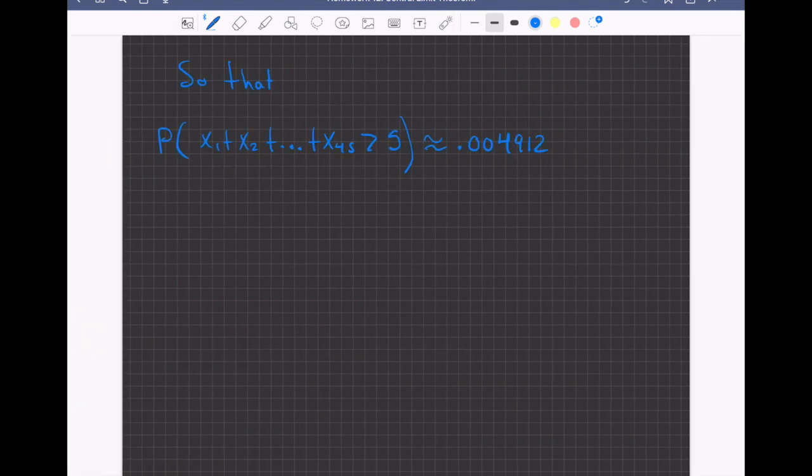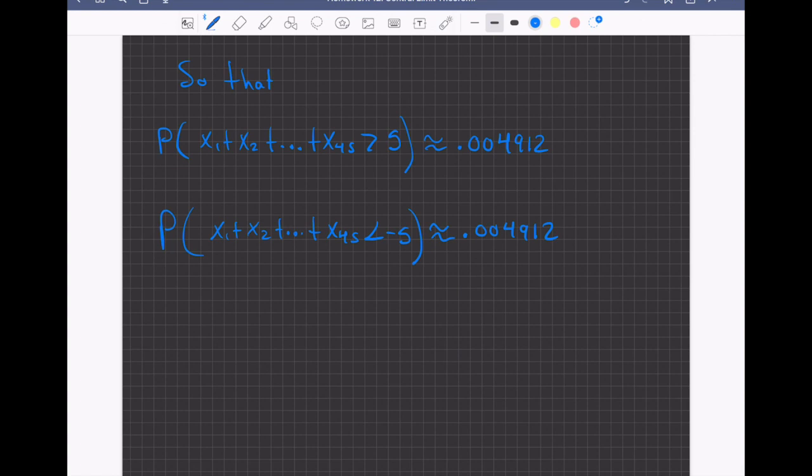And because of the symmetry in this case, the probability that the sum is less than negative 5 is going to be the same, 0.004912.